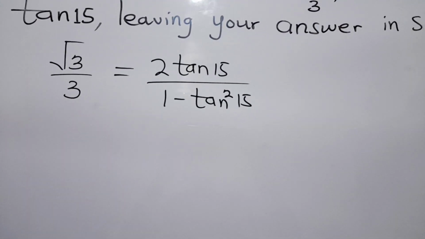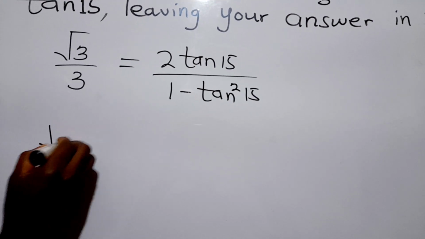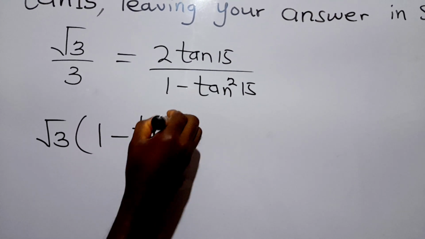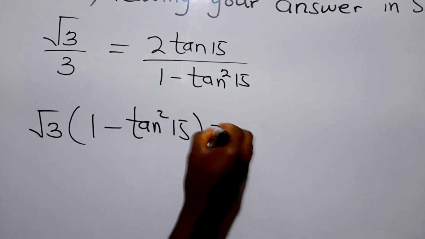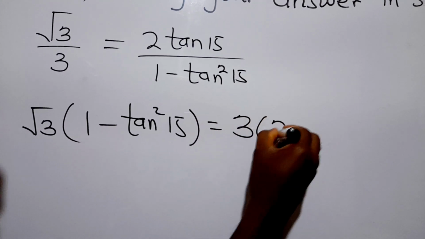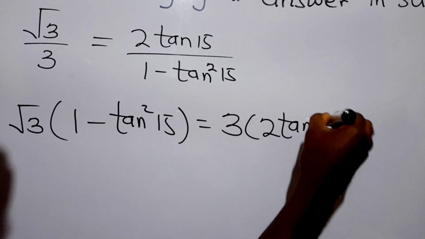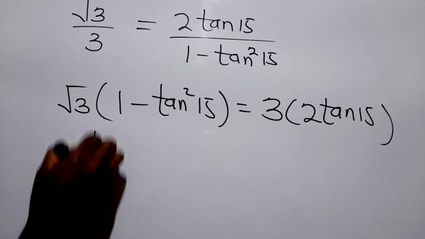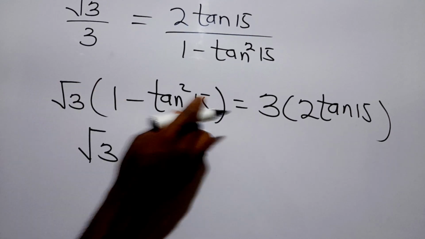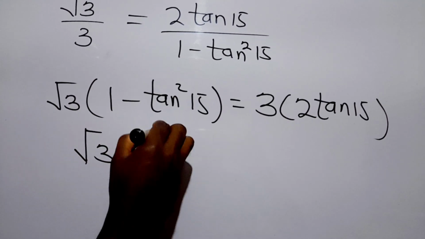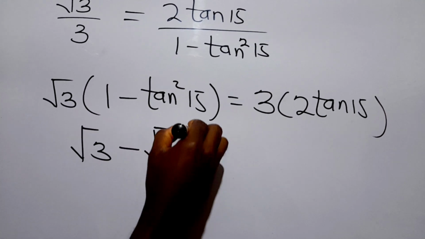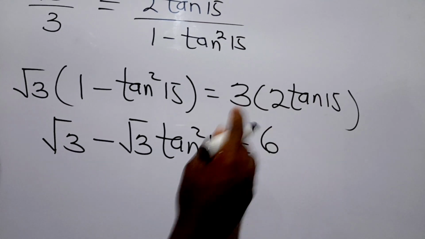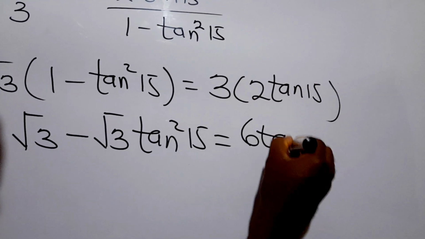From here we can cross multiply and say that root 3 will multiply 1 minus tan squared 15, and this will be equal to 3 multiplying 2 tan 15. So when we expand this, root 3 times 1 will be root 3, then root 3 times tan squared 15 will give us minus root 3 tan squared 15, and this will be equal to 6 tan 15.